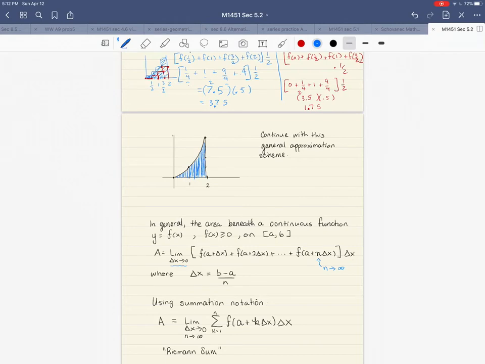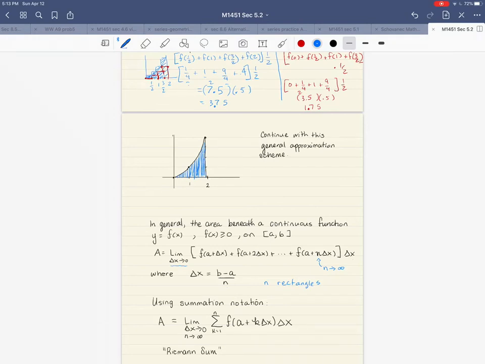So we get more heights to add times smaller widths, where we can get the widths by taking the length of the interval and dividing it by however many rectangles we plan to put. So instead of doing this by brute force, we're going to do it using the calculus concept of a limit. We're going to do it algebraically.